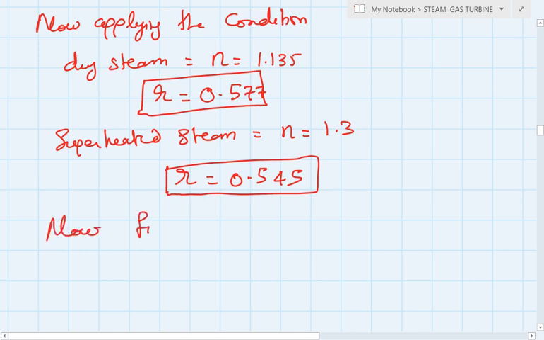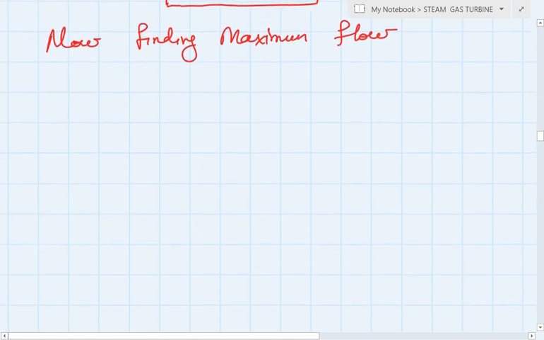Now finding the maximum flow, that is nothing but m dot max.